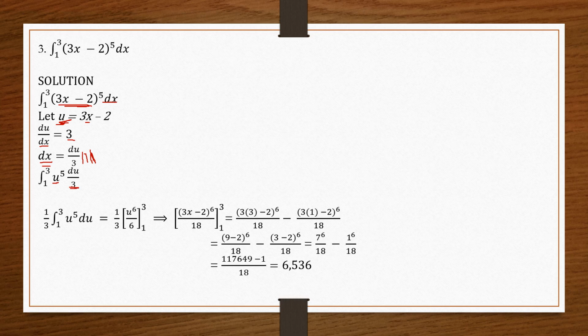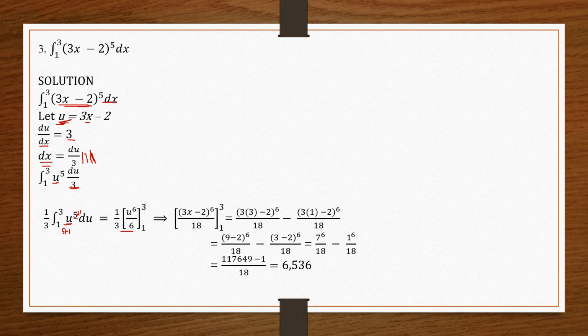So I will now integrate u raised to power 5. Remember, you add plus 1 to this power and divide by 5 plus 1. That is what I did, which resulted in this.